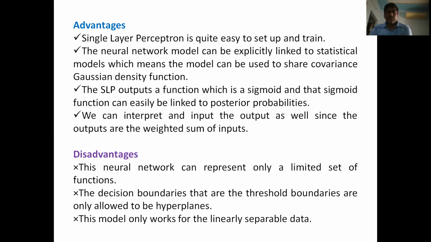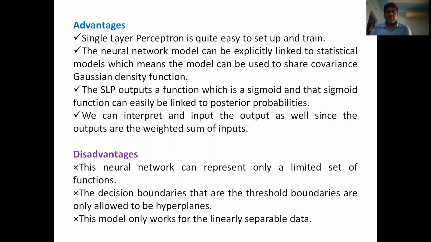And the fourth advantage is we can interpret the input and output, as the outputs are weighted sums of inputs. That means we can interpret the input and output as well. Since the outputs are weighted sums of inputs, it is very easy to calculate the outputs from the neuron, as it is simply a calculation of a weighted sum, which will be given to an activation function to get the final output of a neuron.